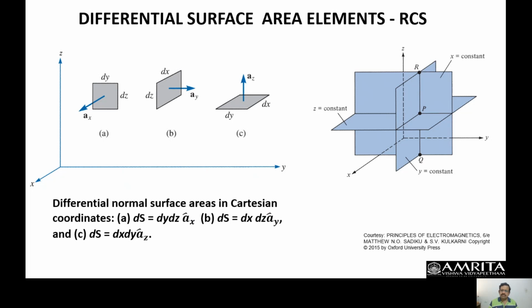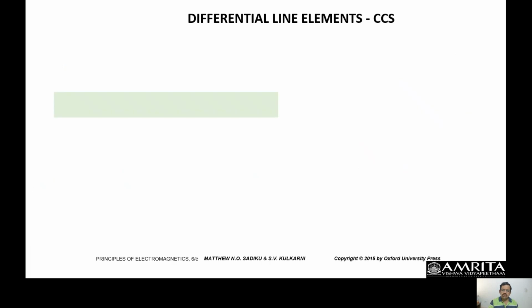Similarly, when z is constant, it is parallel to the xy plane. Therefore, alternatively, you can also tell by mapping it with respect to the coordinate which is constant. For z equal to 1, z equal to 2, it is a plane parallel to the xy plane, at z equal to 2.